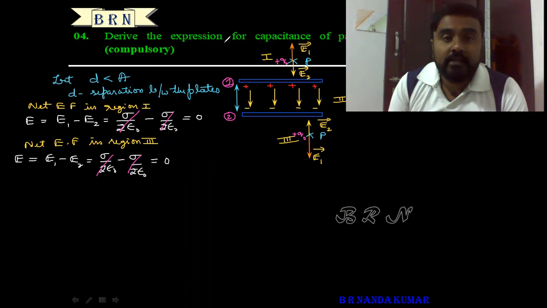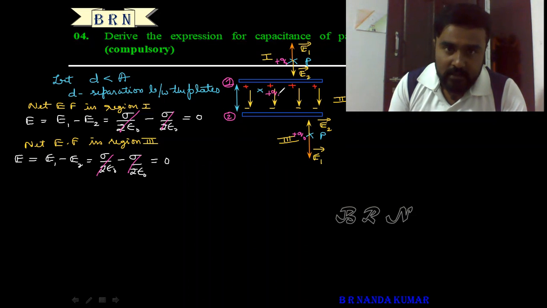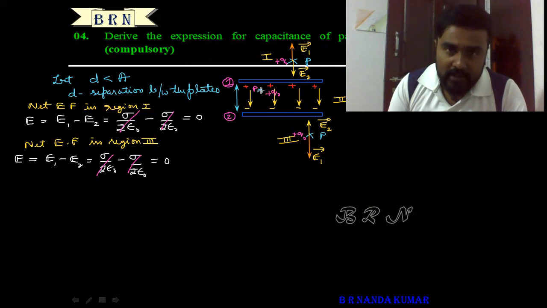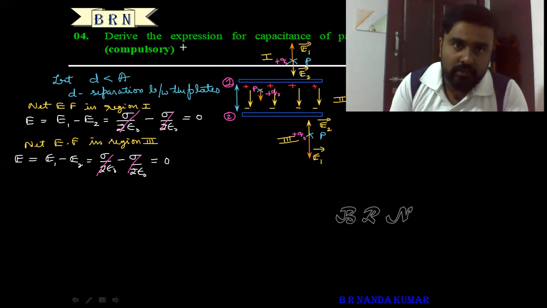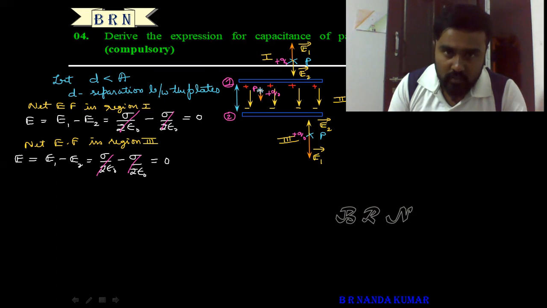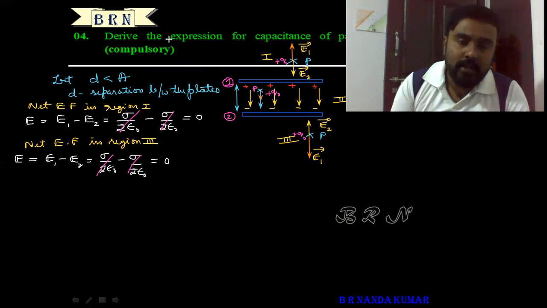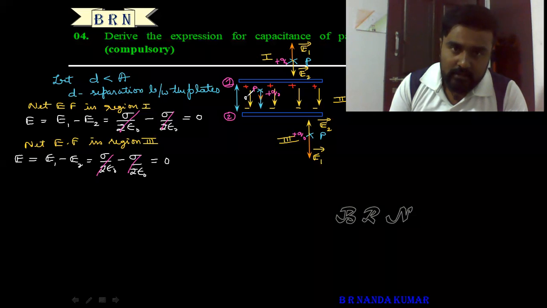Now let us find the electric field in between the plates. Consider an observation point in between the plates. A unit positive test charge is placed at this point. Due to sheet 1, plus Q naught will experience a repulsive force, and due to sheet 2, plus Q naught will experience an attractive force. That means E1 vector and E2 vector are both moving in the same direction.